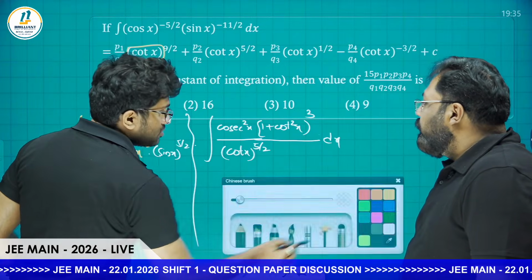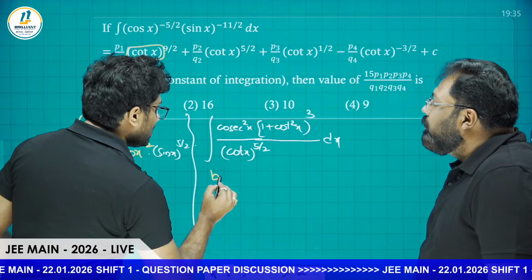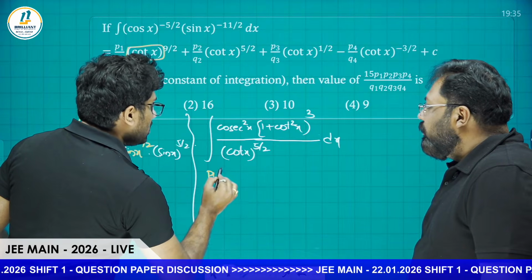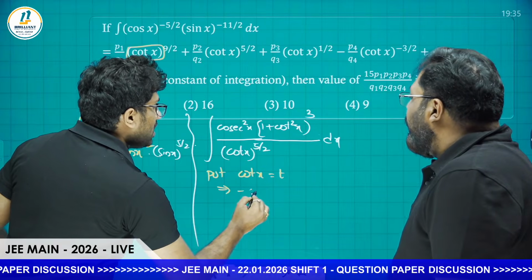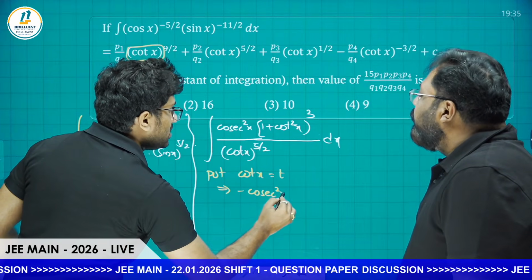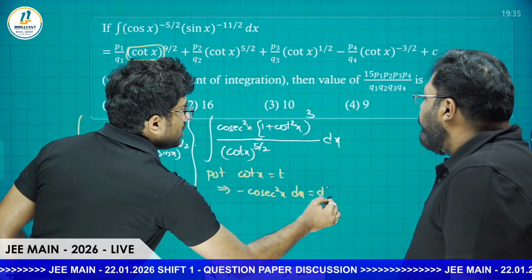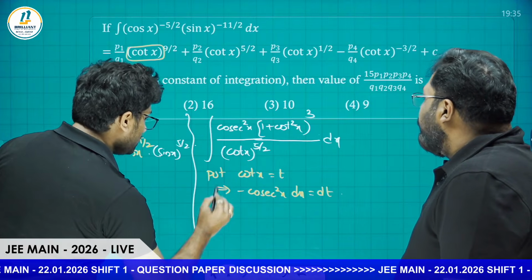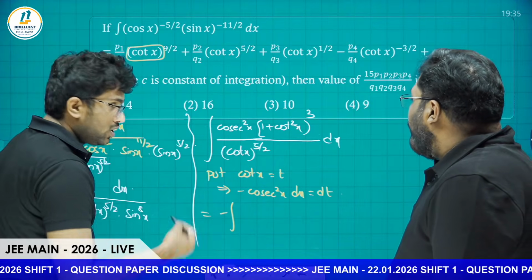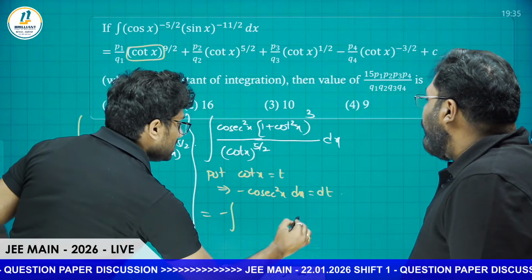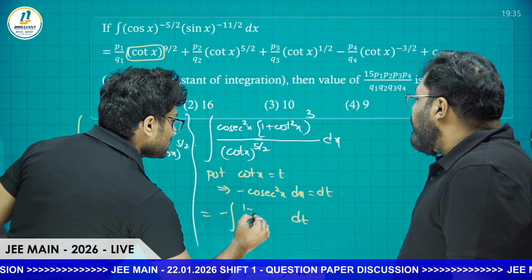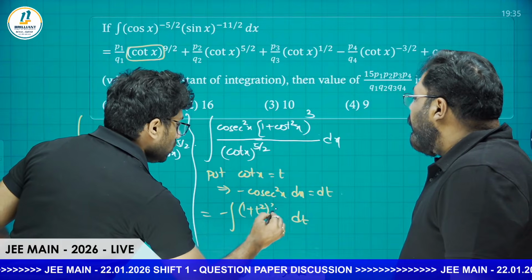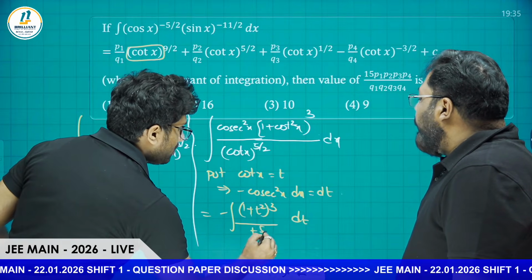Now by using substitution, if we take cot x equals t, then minus cosecant square x dx will be dt. So overall, cosecant square x dx is minus dt. With cot x as t, we have (1 plus t square) whole cube divided by t power 5 by 2.